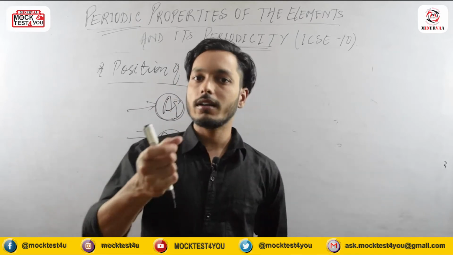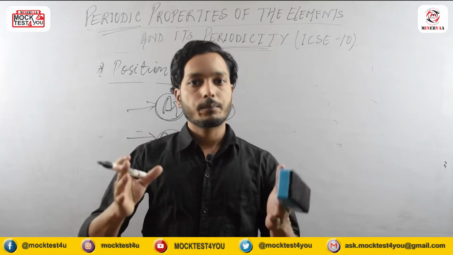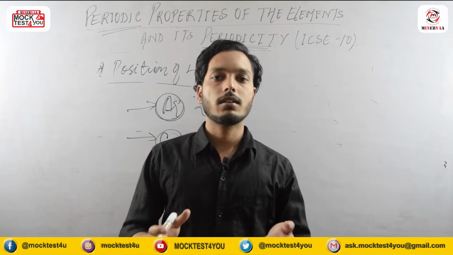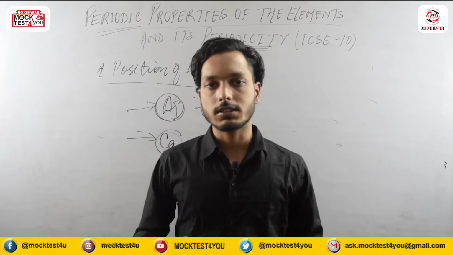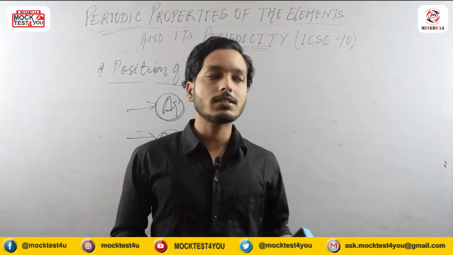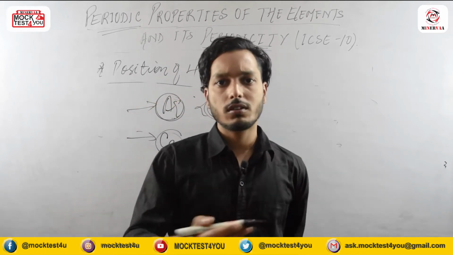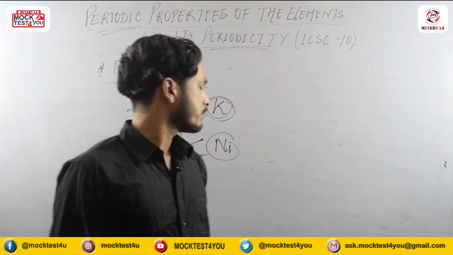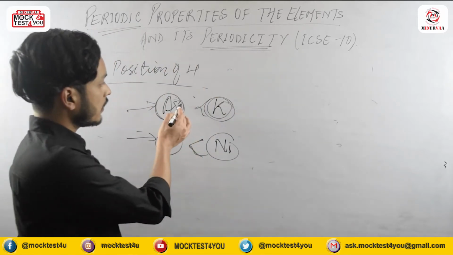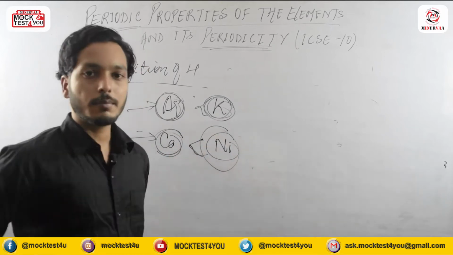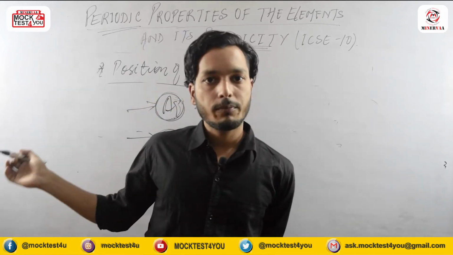In his definition he said that the periodic properties of the elements are the periodic function of their atomic masses, but most of the time he was focusing on similarities in properties, not on similarities in atomic mass, right? That is why he made a mistake. He placed argon before potassium, cobalt before nickel. So this was the major drawback of Mendeleev's periodic table, right?